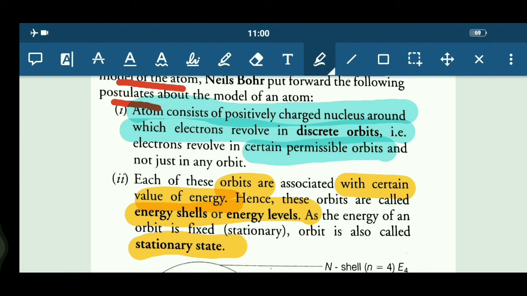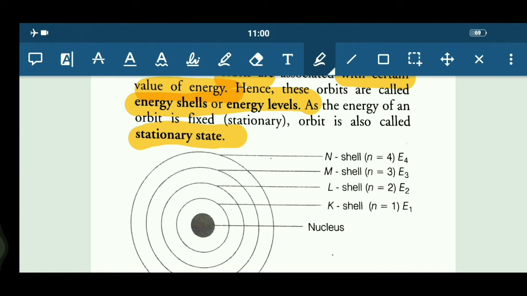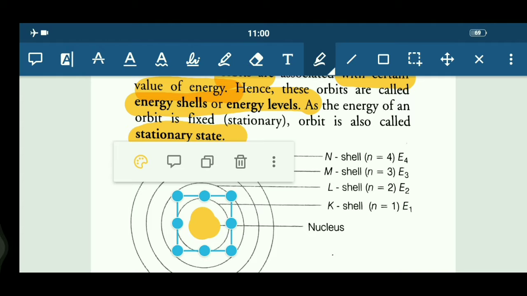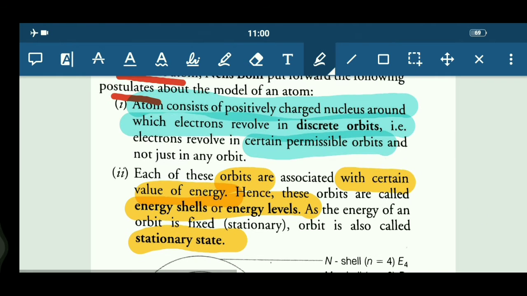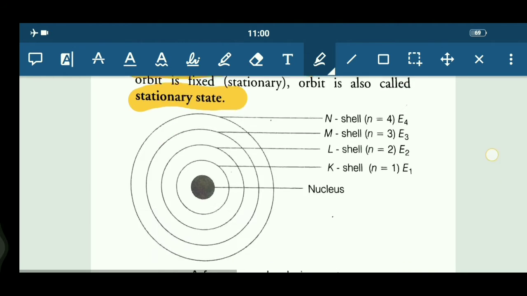Let me explain it like this: you can see this is a positively charged nucleus here, fine children, and around it the electrons are revolving. Second, each of these orbits has some energy.